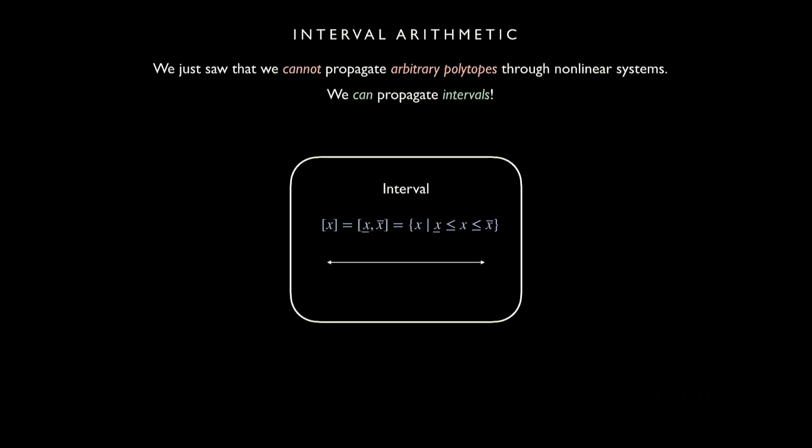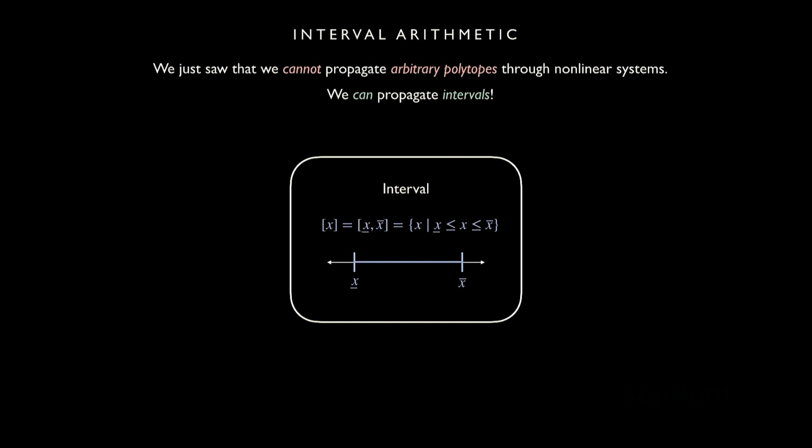The interval is defined by some lower bound, which we represent with an underlined x, and some upper bound, which we represent with an overlined x. And the interval is just all x that are between the lower bound and the upper bound. So nothing too crazy going on. We start at some lower bound, go to some upper bound, and the interval includes all points in between.